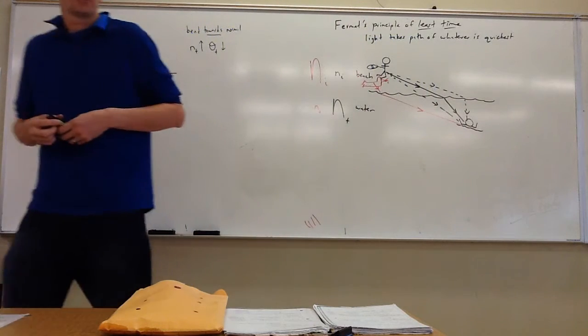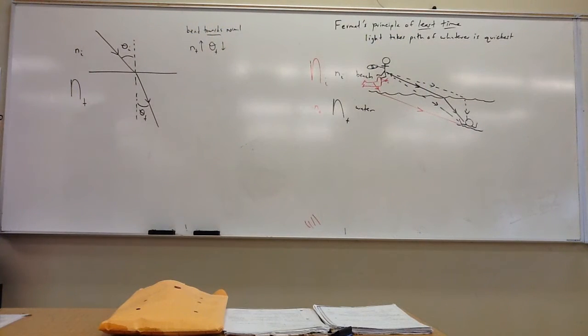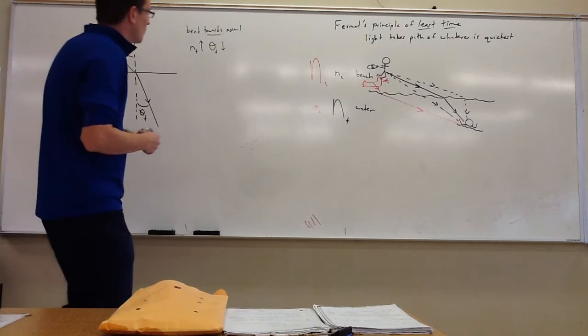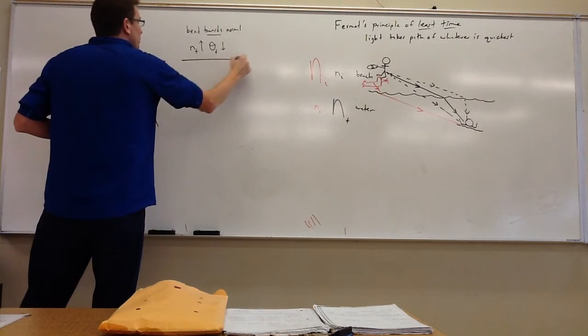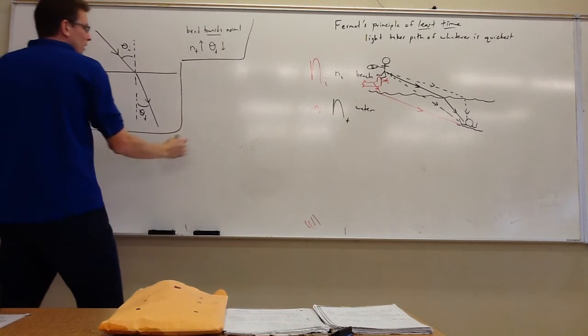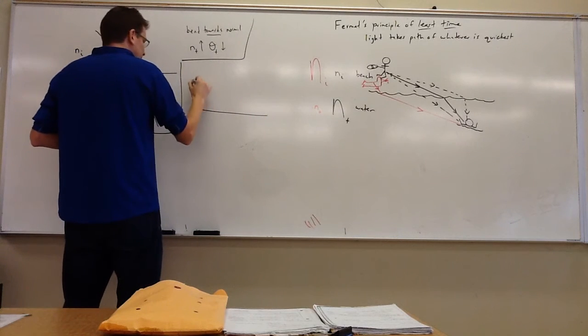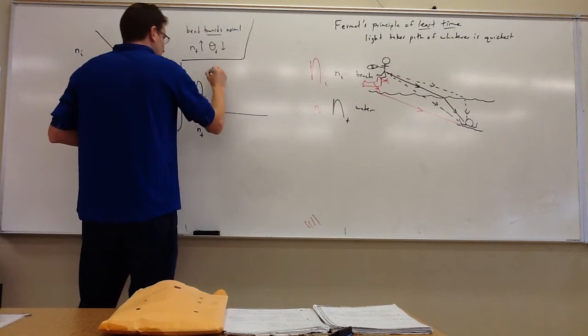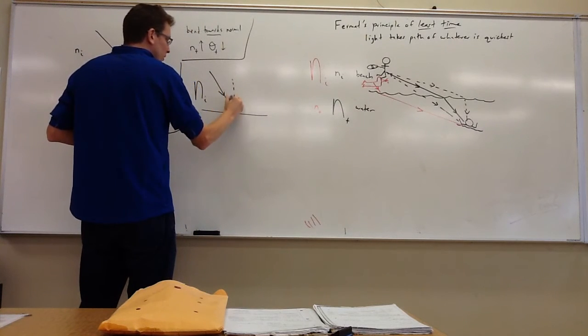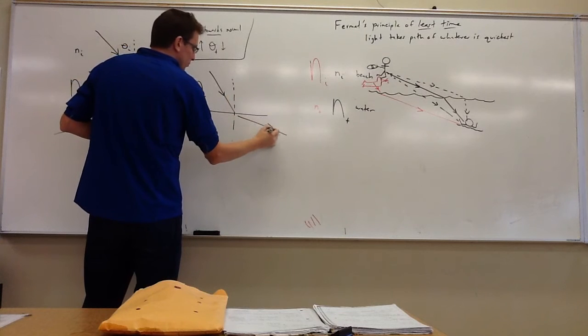So we can also apply this to light. Let me try to cordon this one off. If you have a higher n, and then you're going into a lower n, light will bend away from the normal.